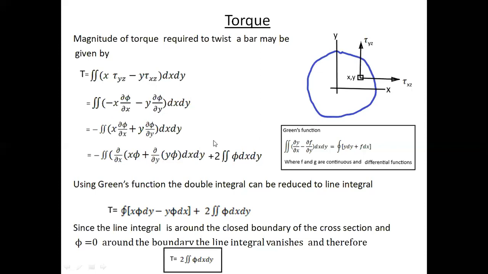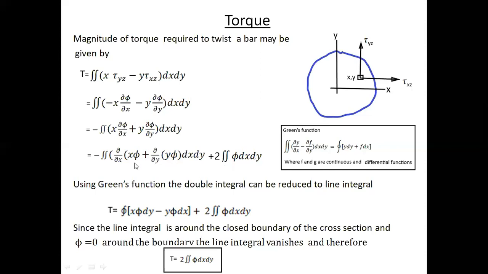Now this is a double integral which can be written in this form. But what we are doing here is writing it as two integrals, and if you look at it carefully, it's not so difficult.